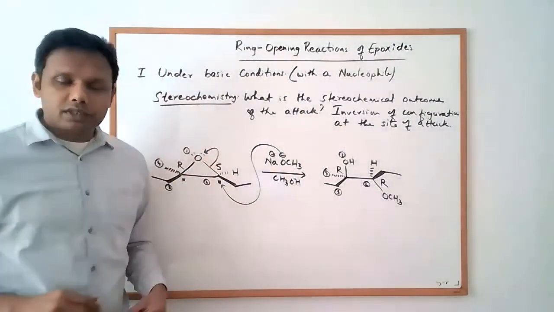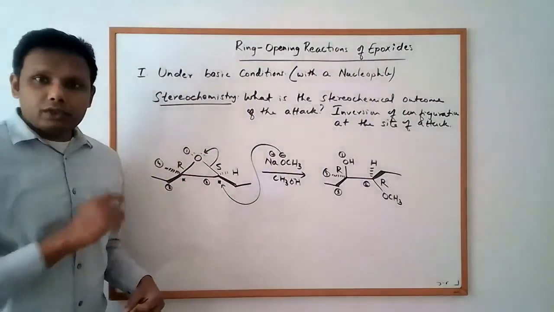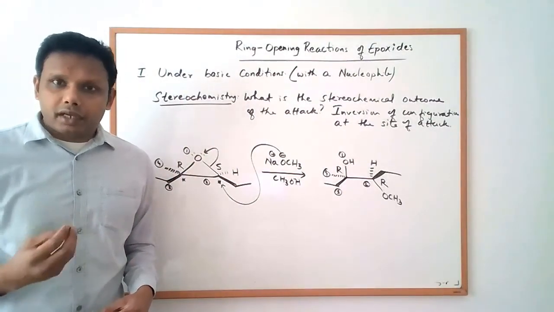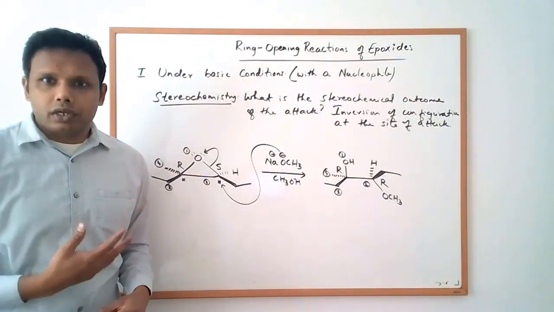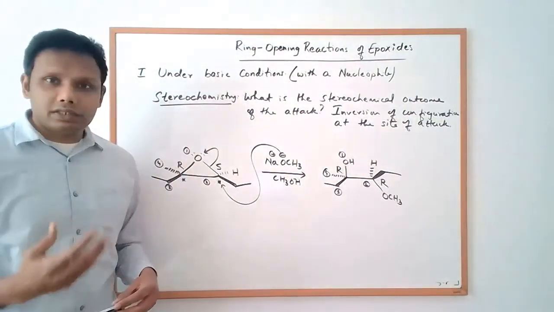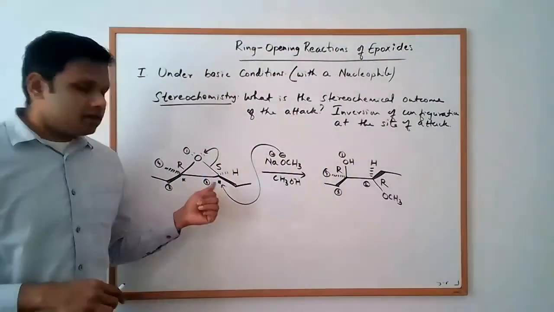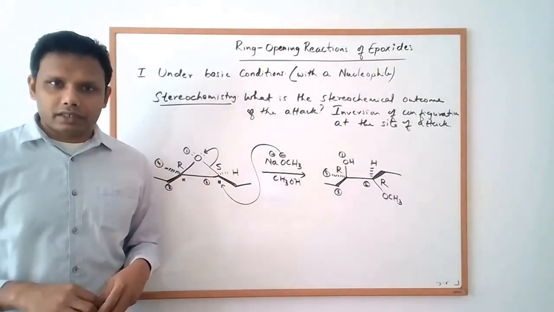We were talking about the specific example of ethylene oxide there. And then we talked about the regiochemical aspect of the attack, which says that the attack would happen on the less substituted carbon because this is an SN2 kind of attack, and the stereochemical aspect of the attack, which tells us that the configuration must invert at the site of attack because this is an SN2 like attack.